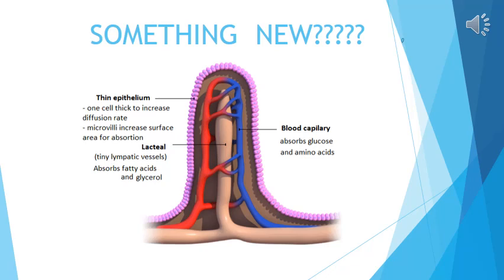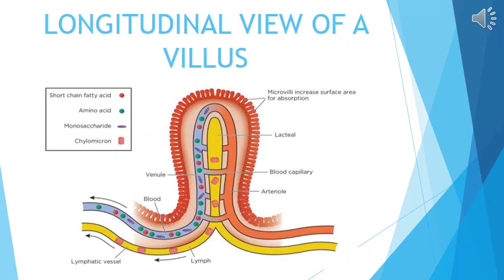The lacteal, which is represented by skin color, is a tiny lymphatic vessel and it absorbs fatty acids and glycerols. The blood capillaries surrounding the lacteal absorb glucose and amino acids with the help of active transport. For a better understanding, let's see another view of a villus.